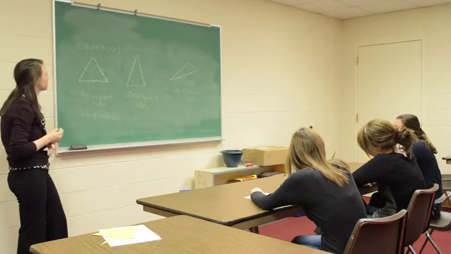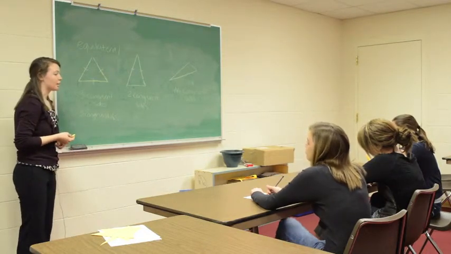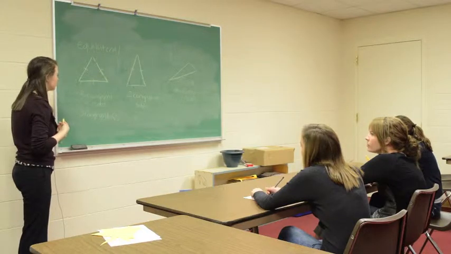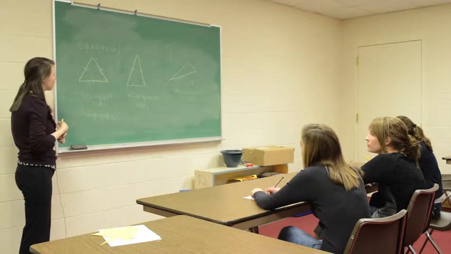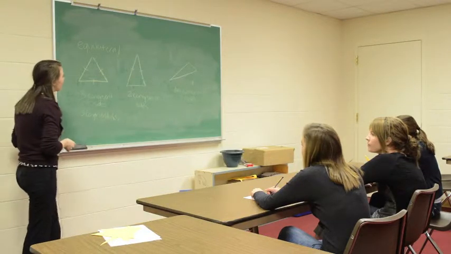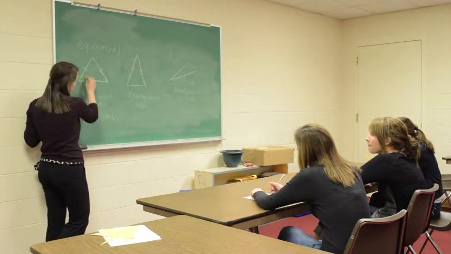Given what we learned yesterday, that the sum of all the angles in any triangle has to add up to 180 degrees, and knowing what we just learned that all the angles in an equilateral triangle are congruent, can we figure out what the measure of any individual angle in an equilateral triangle is?